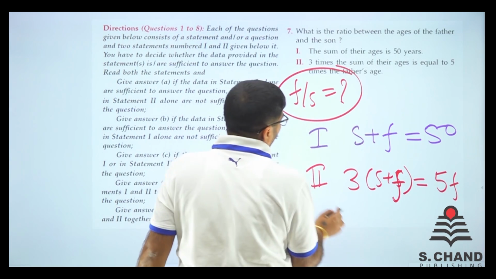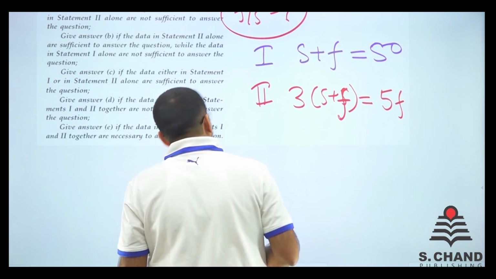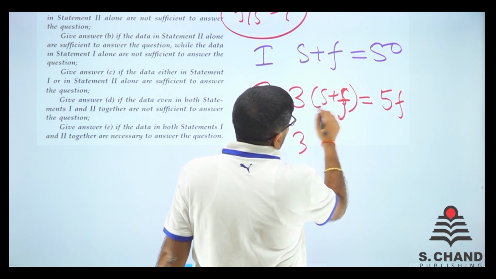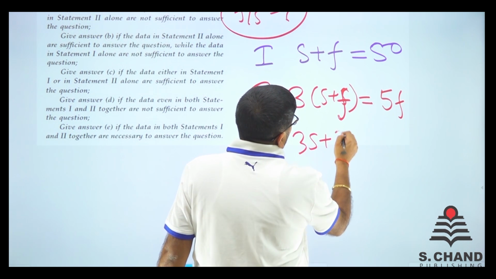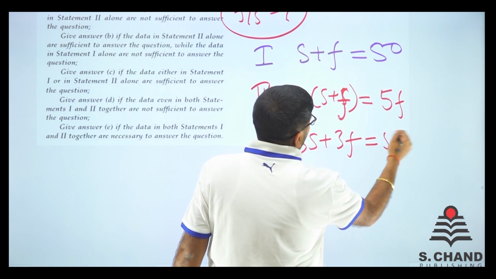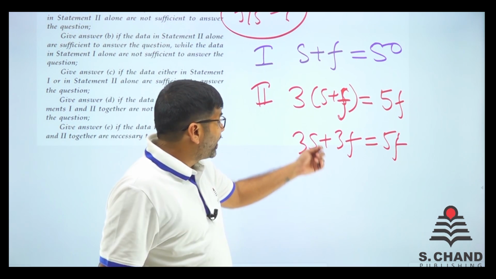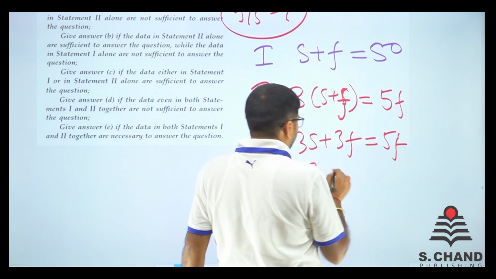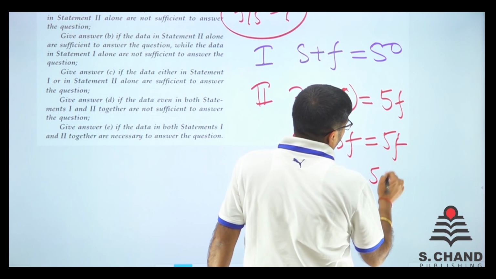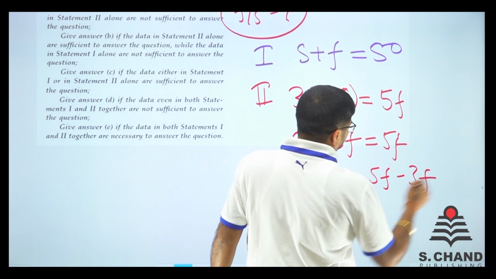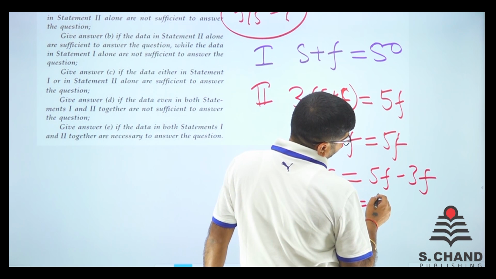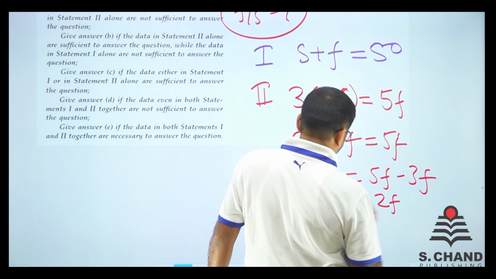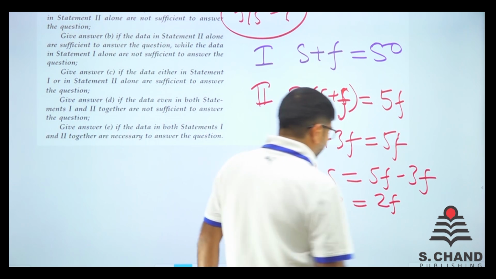If I do only second equation, see, 3 into S plus F, so 3S plus 3F is equal to 5F. If this 3F goes there, it becomes minus. So 3S is equal to 5F minus 3F. So it is 2F is equal to 3S.